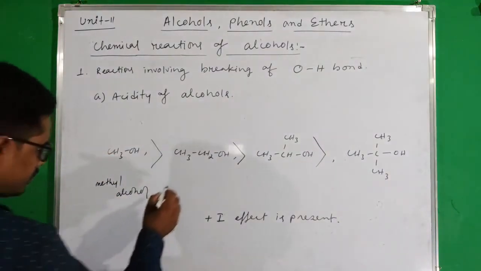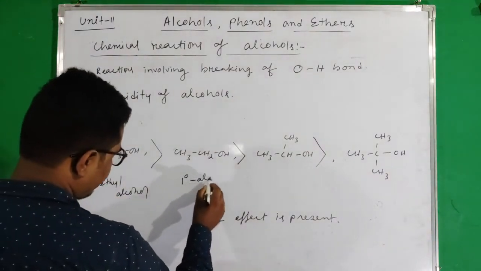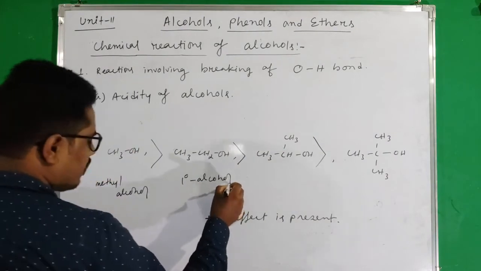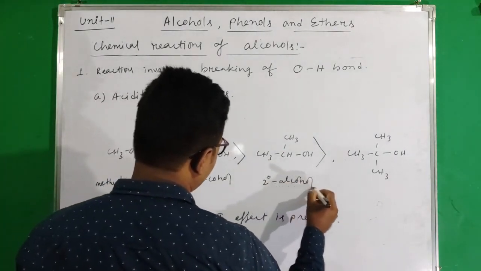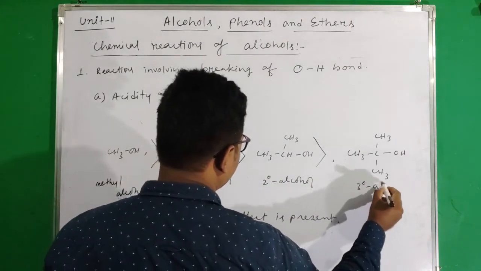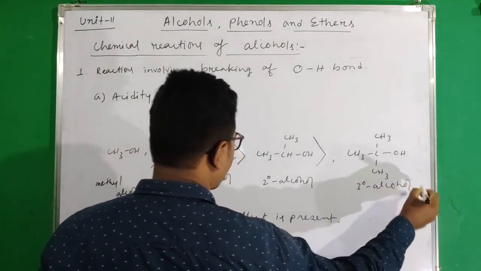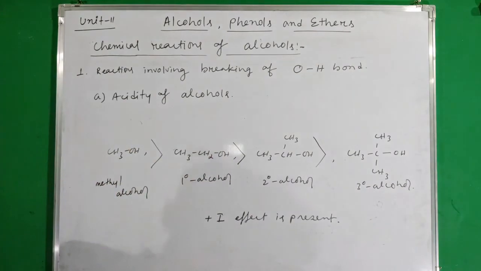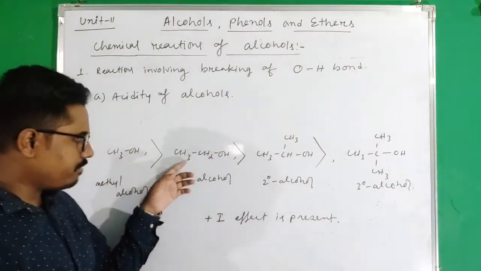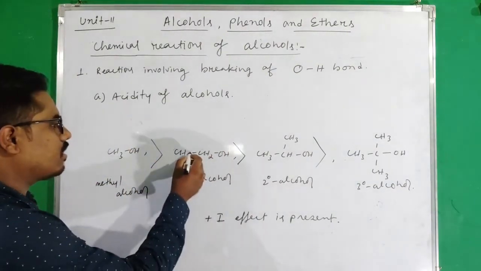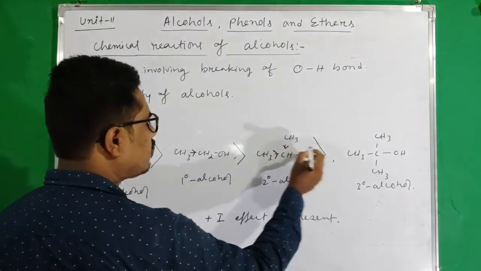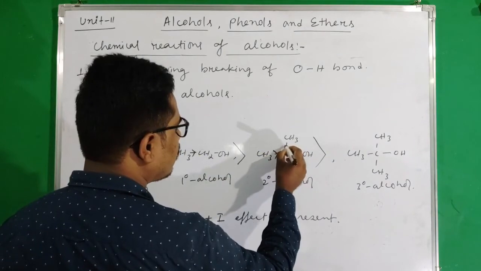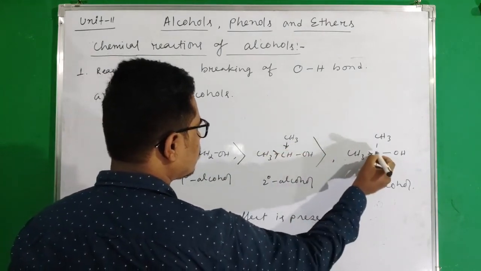Okay, and this one is primary alcohol, this one is secondary alcohol, and this one is tertiary alcohol. Okay, so due to presence of plus I effect, therefore the acidity decreases from primary to tertiary.